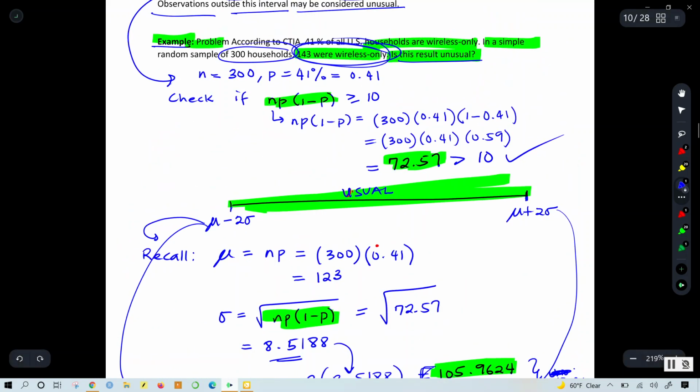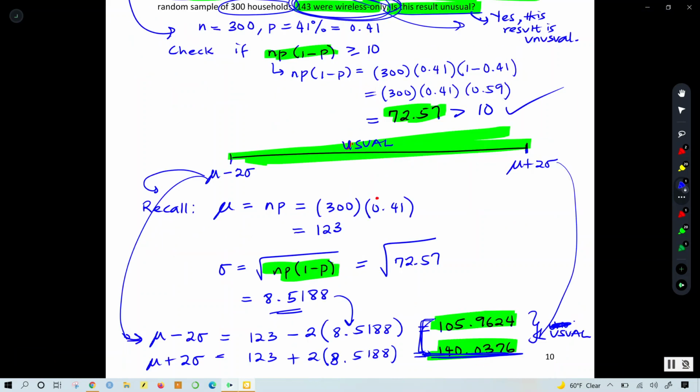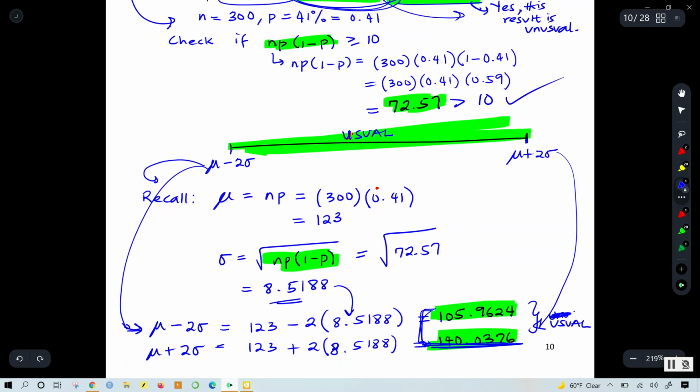So 143 is definitely an unusual observation. So the answer to this question, is this result unusual? Is yes, this result is unusual. So with that done, we've come to the end of our discussion on the binomial distribution.